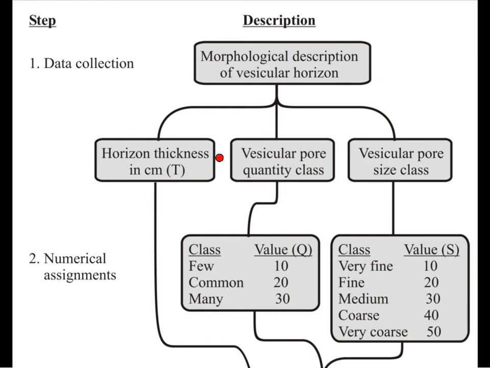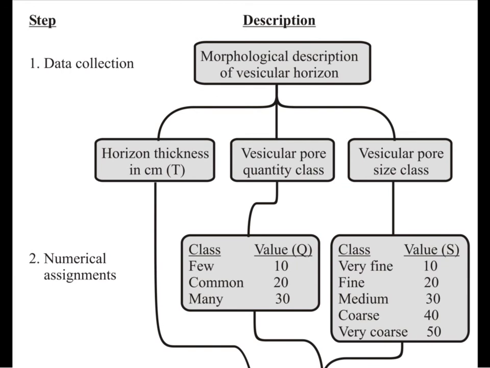The first was the thickness of the vesicular horizon in centimeters. So this would be the thickness of the zone in which vesicular pores were the predominant type of pore. The second was the vesicular pore quantity class, so whether there were few, common, or many vesicular pores. And the third was the vesicular pore size class, so whether they were very fine, medium, coarse, or very coarse.